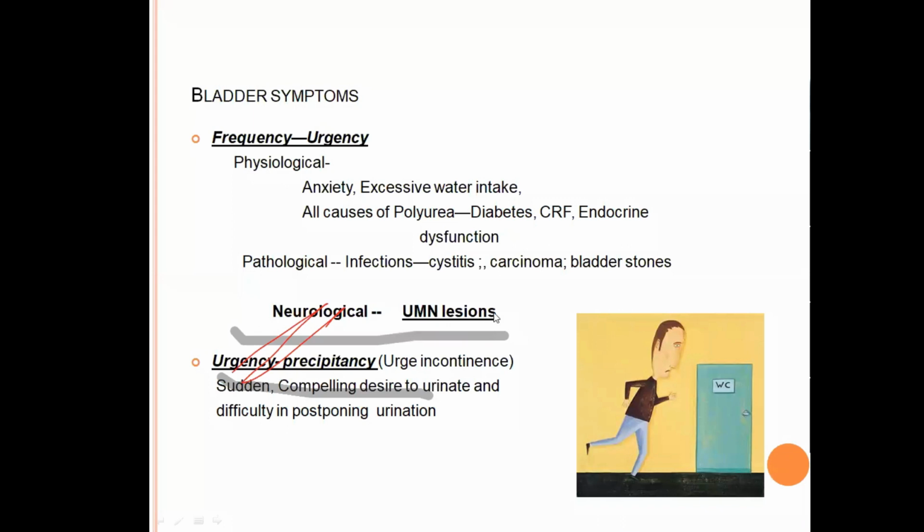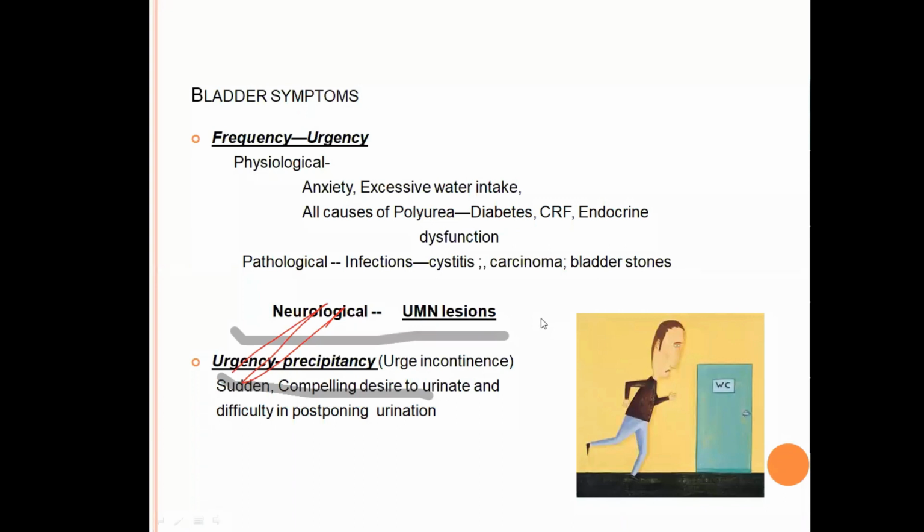The neurological cause is an upper motor neuron lesion. Like in an upper motor neuron lesion of the skeletal system, if you just touch the quadriceps tendon, there is an immediate jerk because it is hyperreflexive. So similarly, in a UMN lesion of the bladder, it is hyperreflexive.